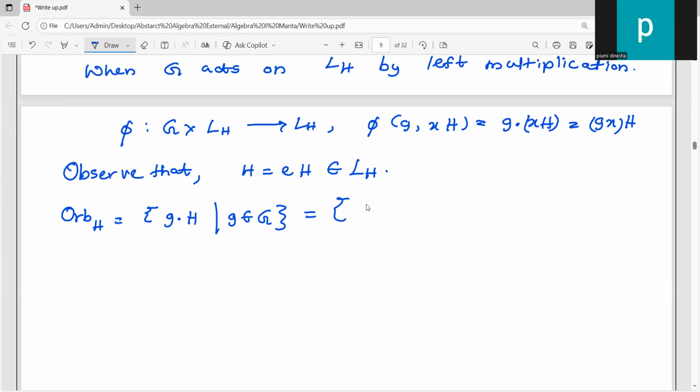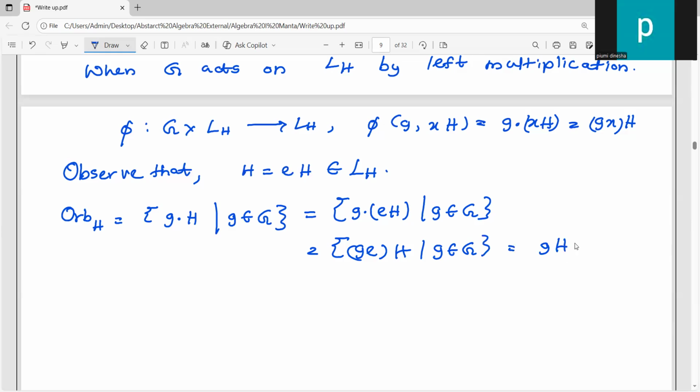If you want to see this, I will replace H by eH, then write this as g dot eH, where g comes from G. This is simply geH, where g comes from G. G times the identity is simply g, so gH, where g comes from G. By definition, this is LH, all the left cosets of H in G by elements in G, right?